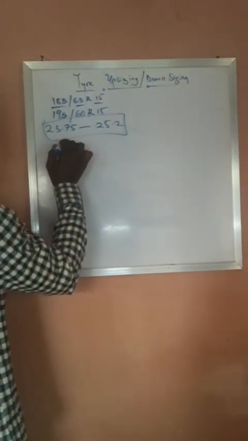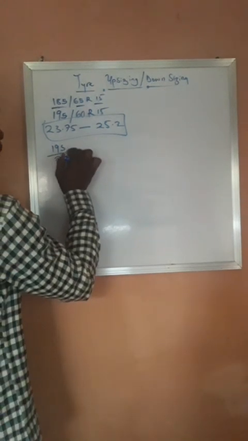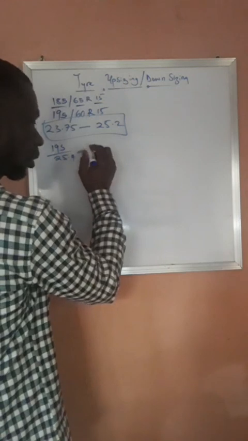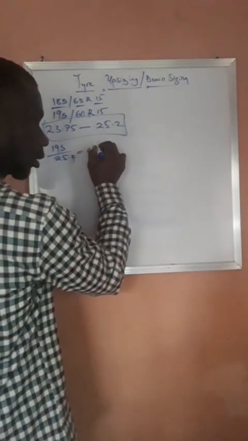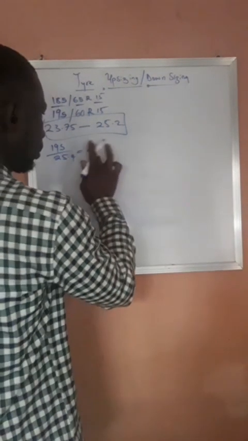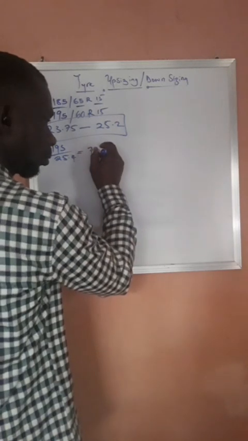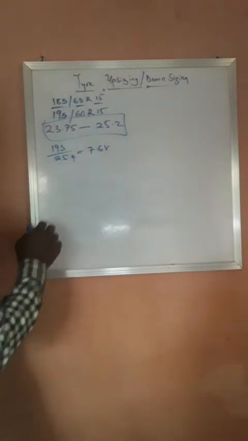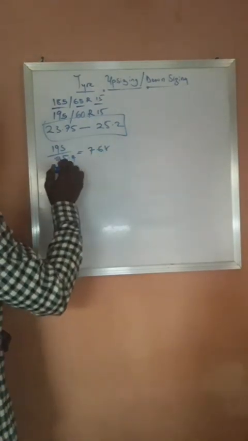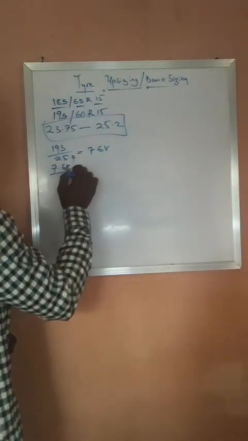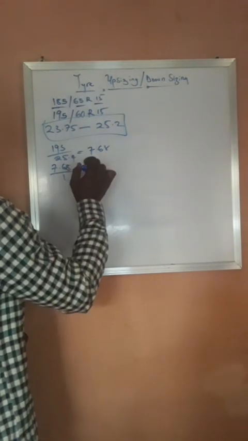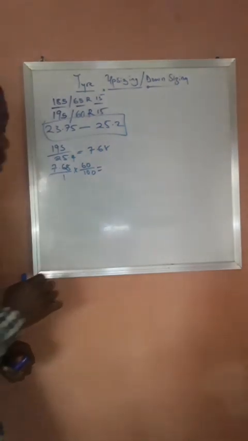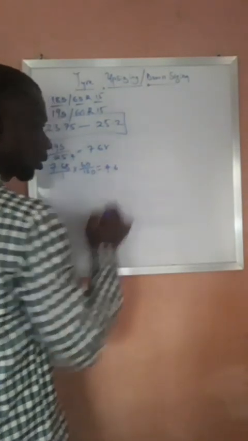So 195 divided by 25.4, we have 7.68. So we're going to say 7.68 times 60 over 100, which is going to give us 4.6.